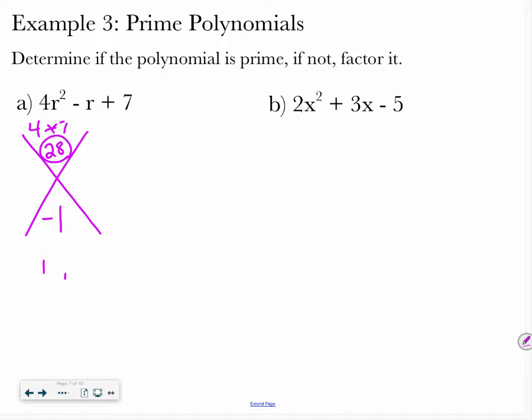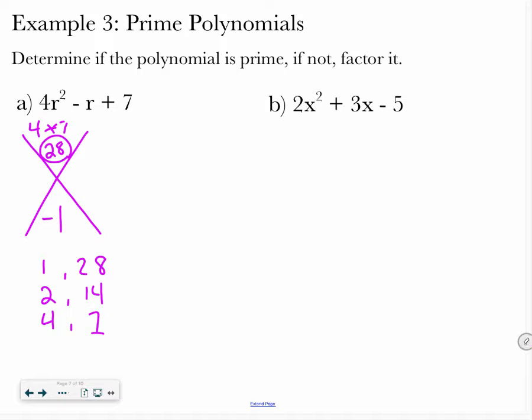So 1 and 28 multiply, but if I add those together in any way, I'm not going to end up at a 1. 2 times 14, again, it multiplies to the 28, but it won't add up to 1. 3 doesn't go into 28. 4 and 7 go into 28, but they don't add up to 1, or -1. 5 doesn't go into 28. 6 doesn't go into 28, and then we're back at that 7.